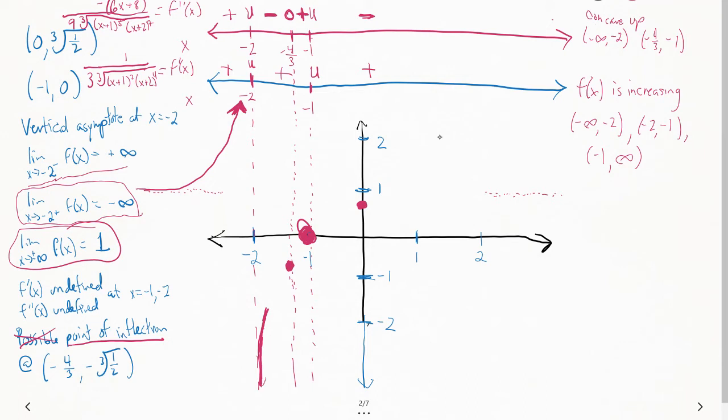Let me try and shade that in a little better. Okay. Sometimes this pen has a mind of its own. Okay, so now what are we going to do? We're going to shift. Oh, and we have increasing on this whole interval, by the way. This should now be increasing concave up.